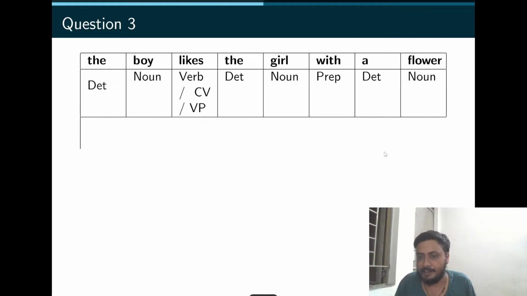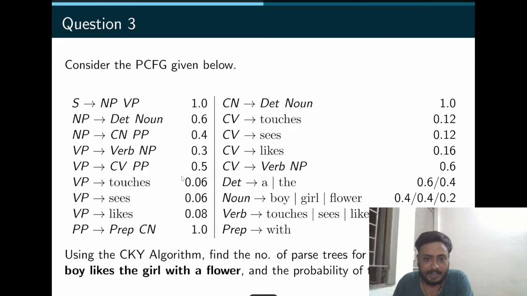Now step 1, you look at the rules from where you get these terminals. So these words are the terminals, right? And there are some rules which yield terminals, and because of CNF there can be one non-terminal on the left hand side. So we have to look at how we get this. For example, as you can see, most of the words, like the, only come from det.